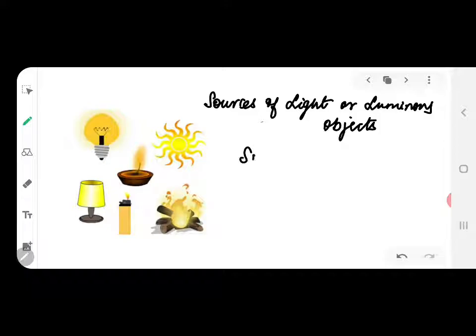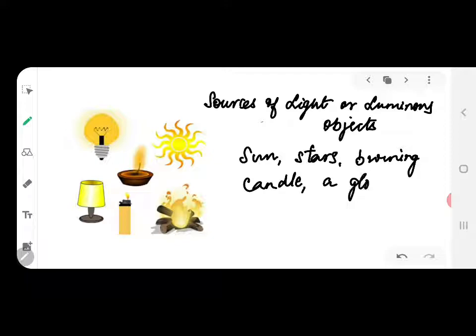The sun, stars, a burning candle, a glowing bulb, or a CFL, fire, they are all examples of luminous objects.